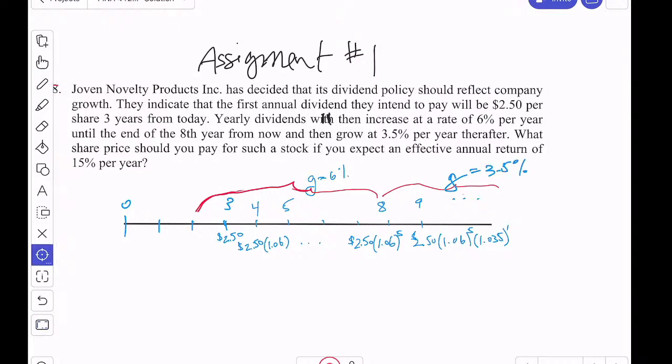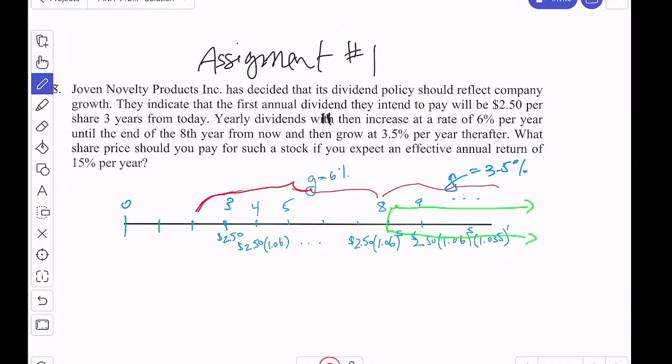So this is differential growth. The dividends grow at a different rate, and now you have to consider the present value of the future cash flows with all the assumptions included. So here's the thing. The only thing that's really a perpetuity is this part, from here onward.